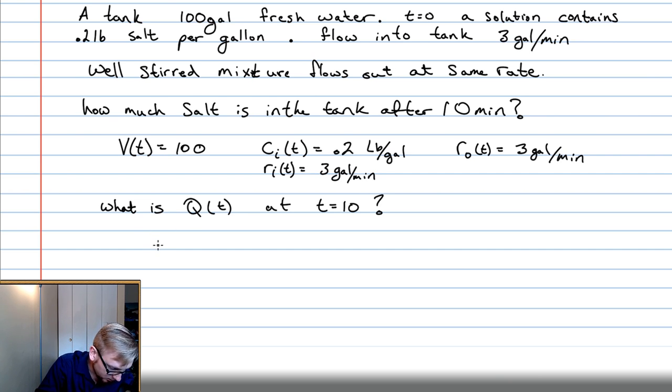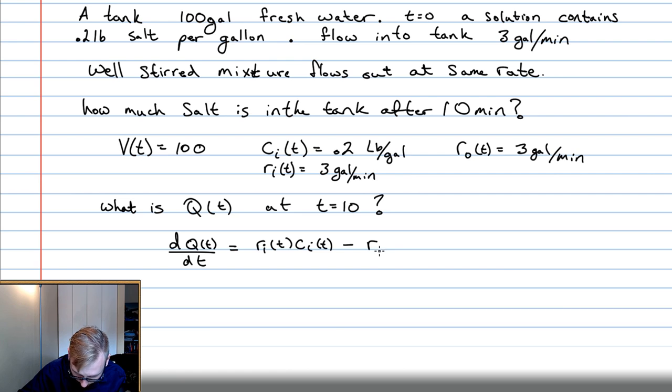So our differential equation will look like this. You've got dQ/dt is equal to a rate inflow, R_i of t, times our concentration inflow C_i of t, minus a rate outflow times our quantity over our volume.